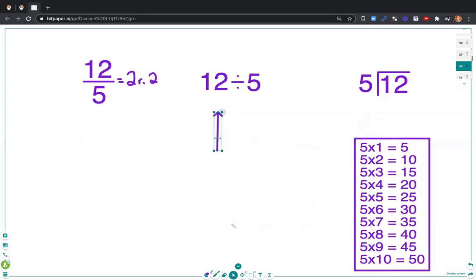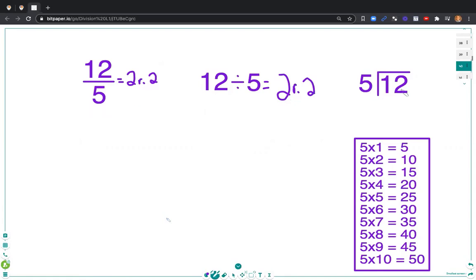Let's practice writing these division problems in 3 different ways. Looking again at my multiplication chart, I can see if I start with 12, I can make 2 groups of 5 out of 12 with a remainder 2. Notice my quotient is the same.